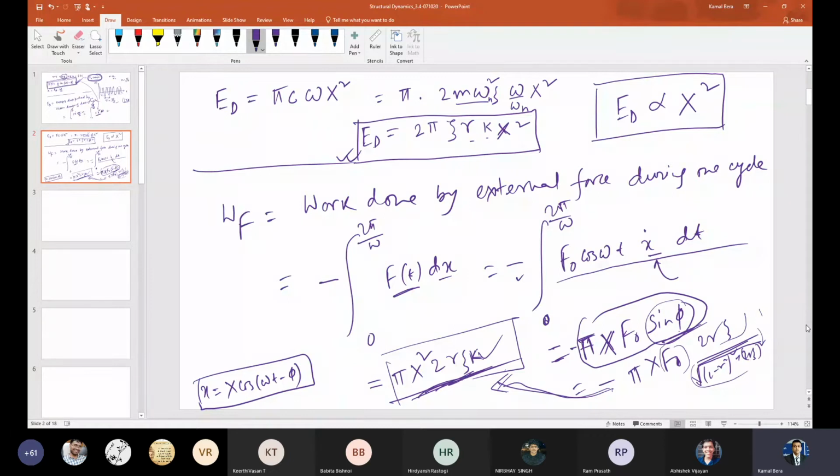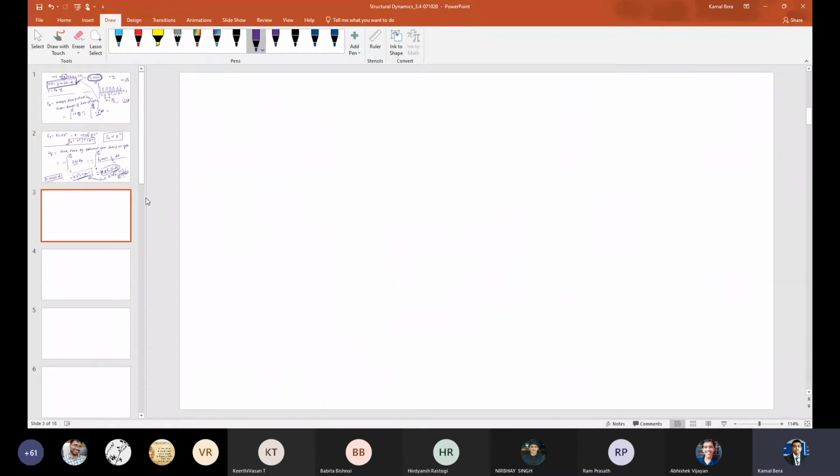So 1 by this is m. I can write m as x by delta st. Tell me what W_F, the work done by the external forces, is. It is pi x F naught, then 2 r zeta into the magnification factor, right?